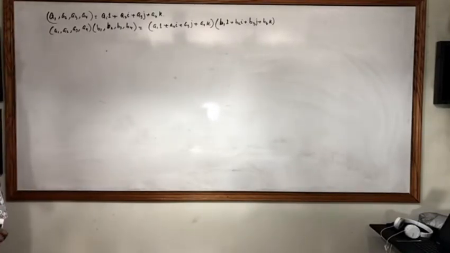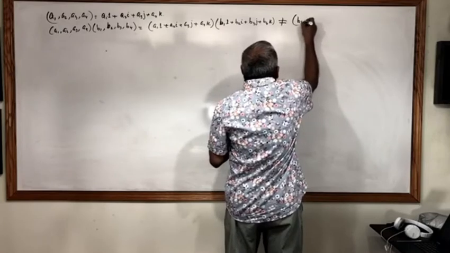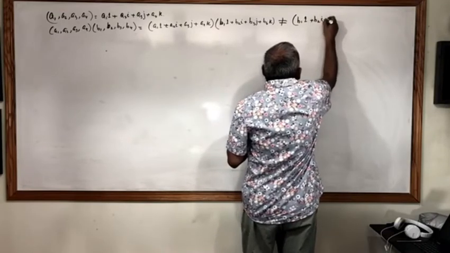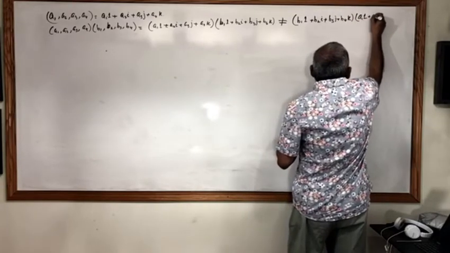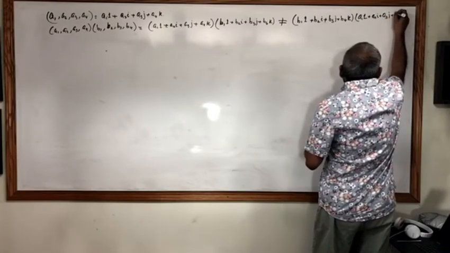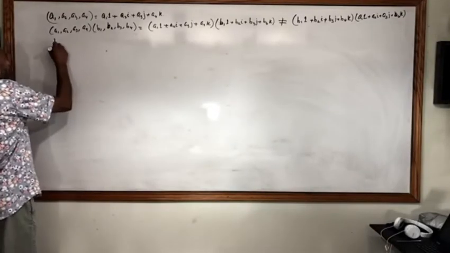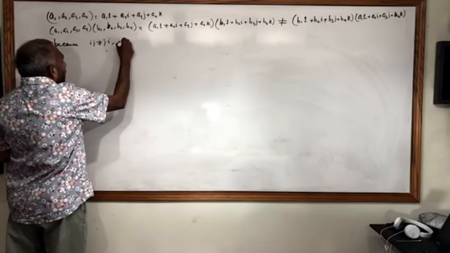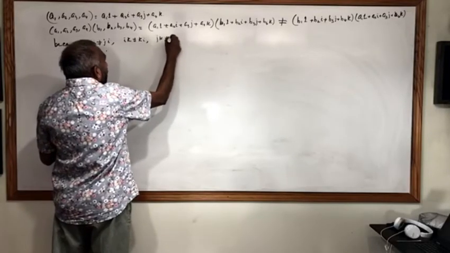Okay, and that is actually not equal to (b1·1 + b2i + b3j + b4k) times (a1·1 + a2i + a3j + a4k), because ij is different from ji, ik is different from ki, and jk is different from kj.